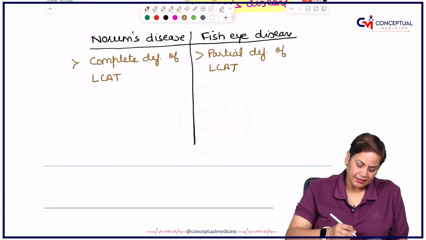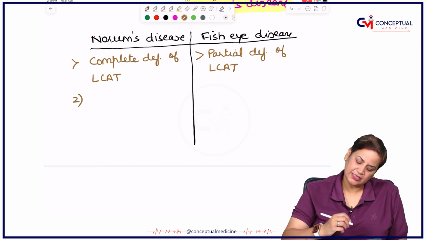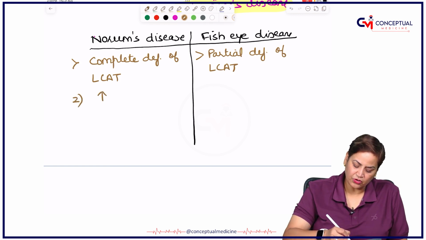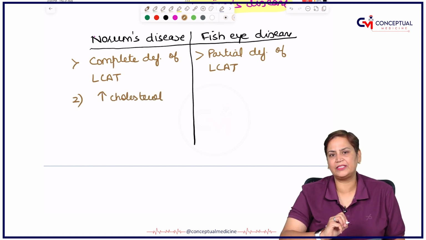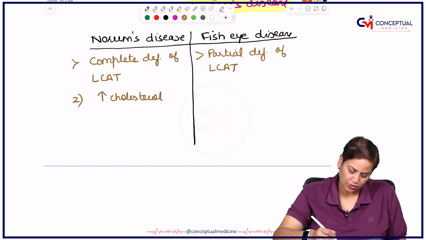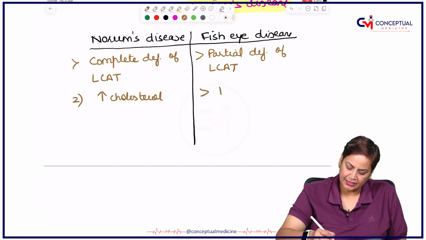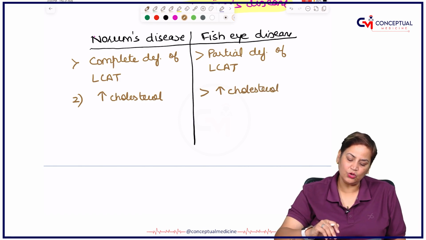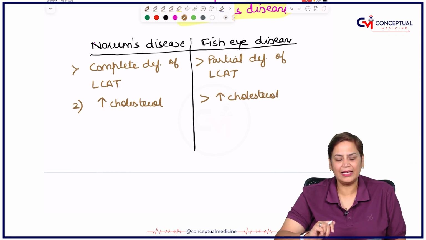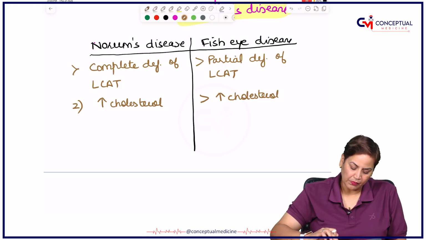Right. Then second is, in Norum's disease, obviously the concentration of cholesterol will increase because the enzyme required for the conversion of cholesterol to ester is absent. Here also I can say there will be increased concentration of cholesterol. So hypercholesterolemia due to the deficiency of LCAT will be there.